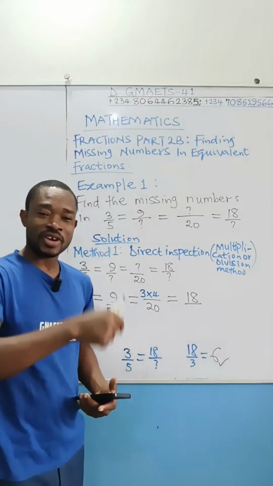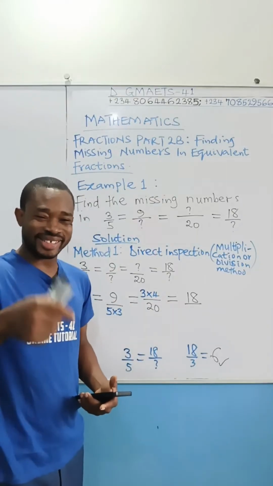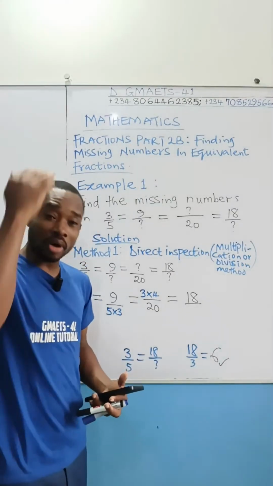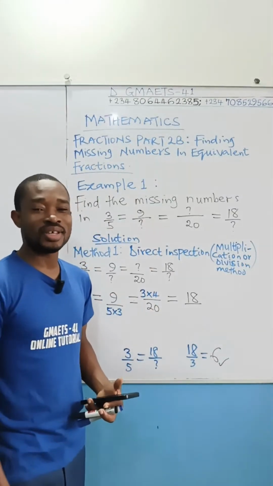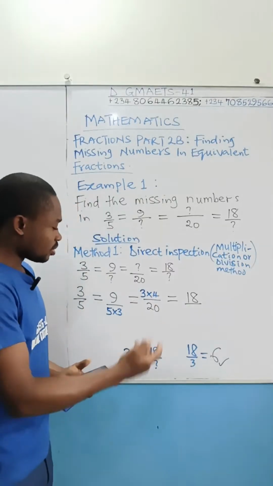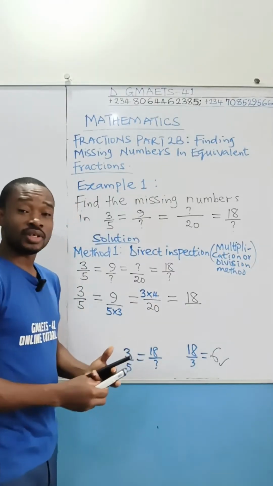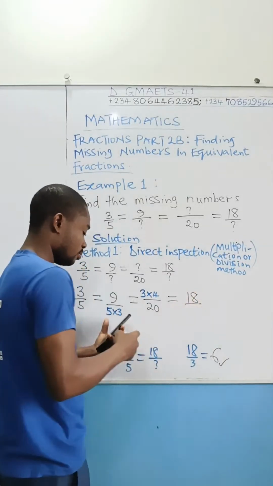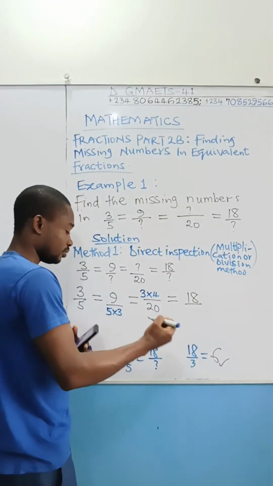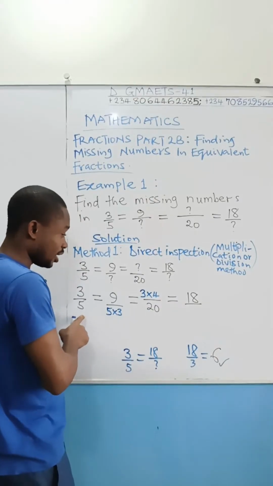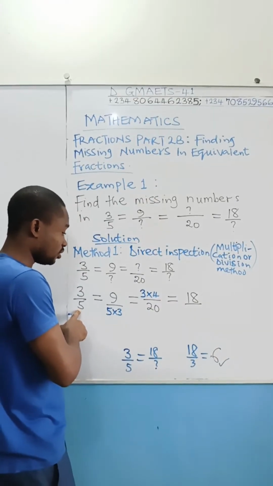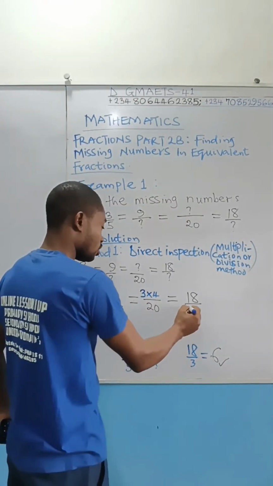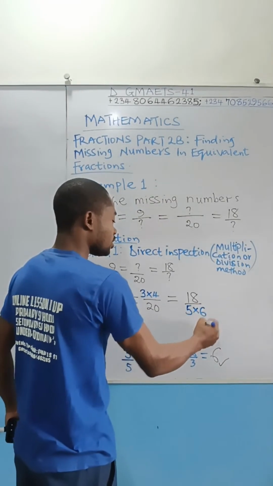In this case of finding the missing number, you are trying to now get that number you are going to use in multiplying numerator and denominator. So I want to believe that this is very clear to you now. It's simple. So what do? Come to this missing fraction, this missing term. You're going to multiply the denominator 5 here by what? 6. Remember, you're trying to get the denominator. So it is going to be 5 times 6.